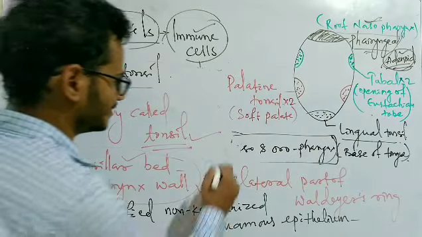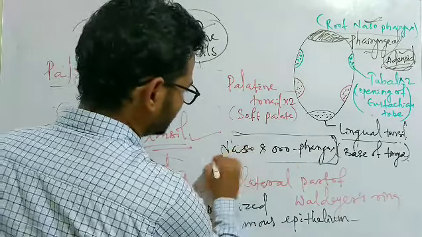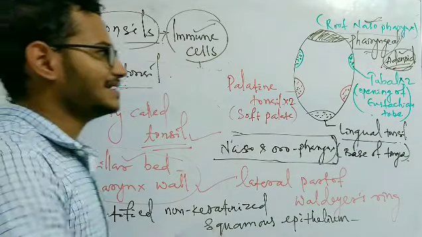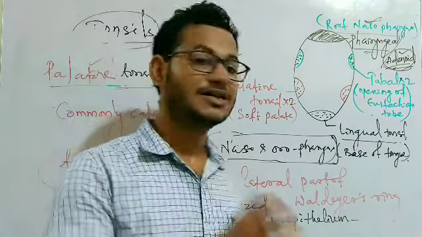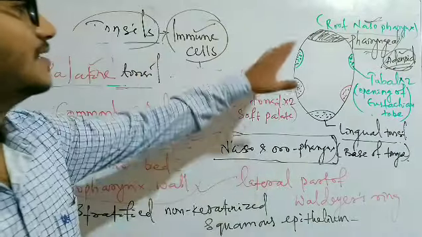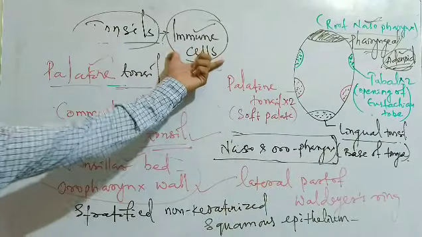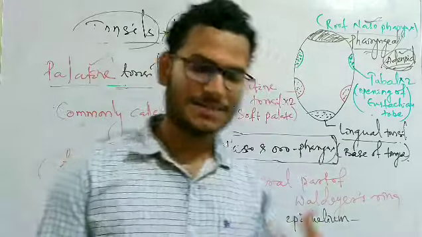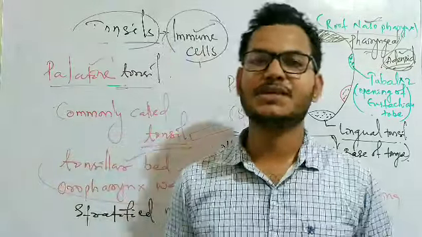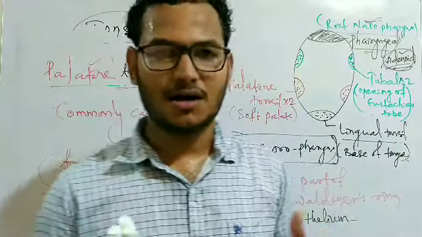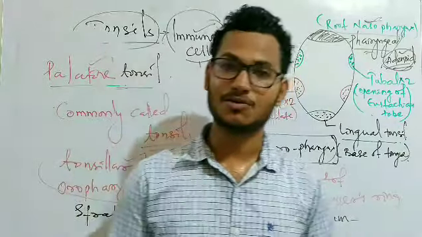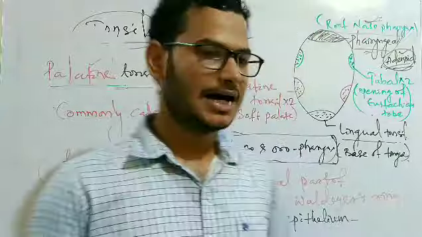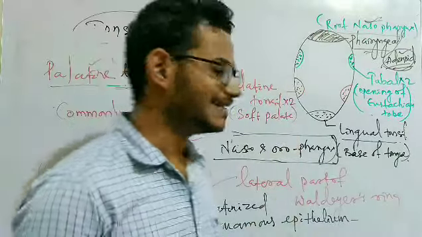The pharynx is also important because it carries all the different types of tonsils or immune cells that have a very important function in developing our immune system in order to make us healthy. So this is all about the different types of tonsils, their function and Waldeyer's ring.